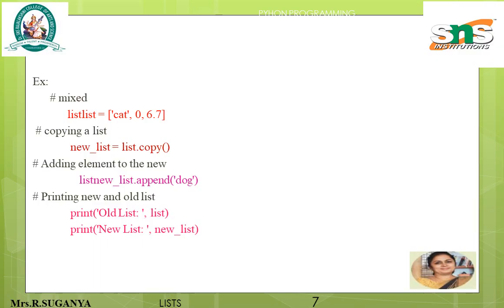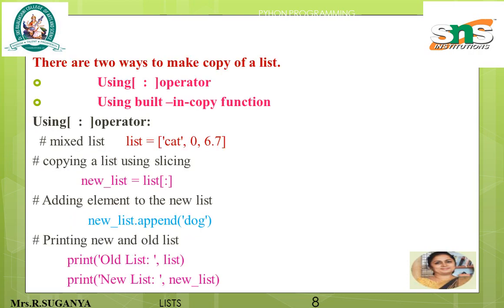Then we print the new and old lists. So there are two ways to make a copy of a list: one using the colon operator, and the other using the built-in copy function.